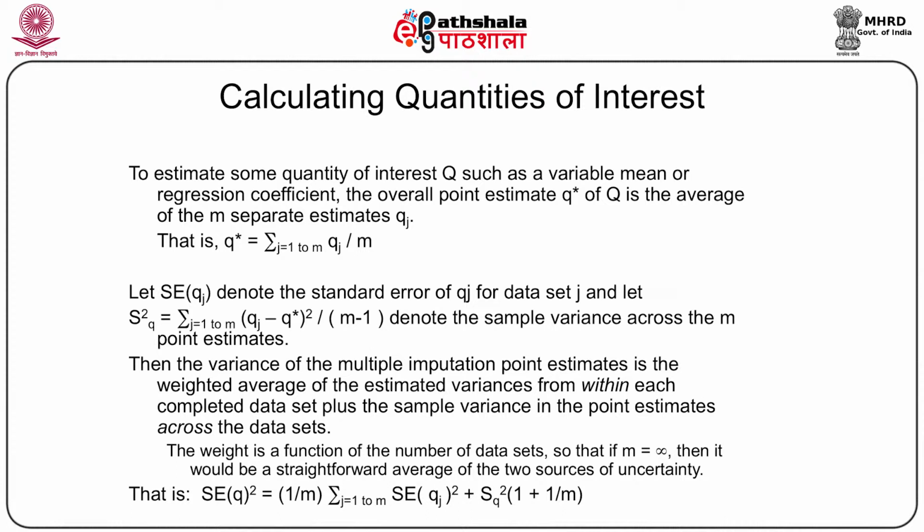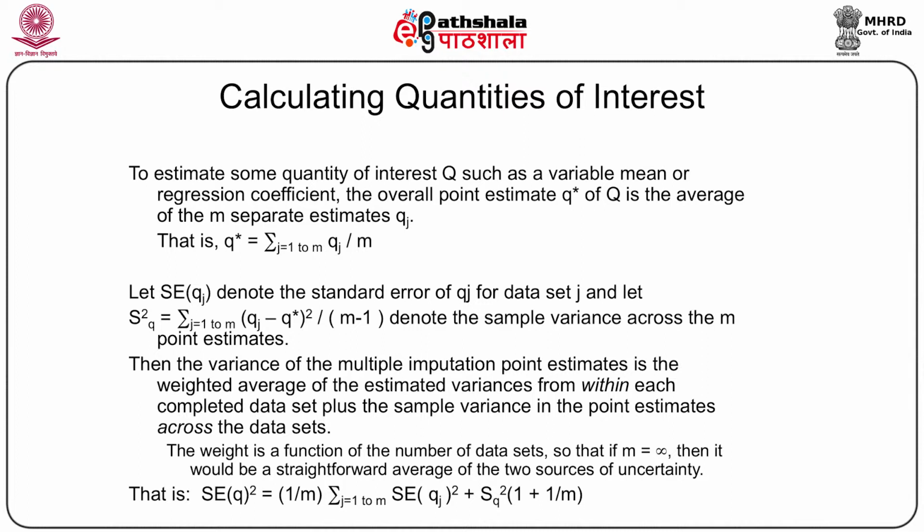To estimate some quantity of interest, say q, such as the variable mean or regression coefficient, the overall point estimate q star of q is the average of the m separate estimates q sub j. That is, q star is the sum of q sub j over m, with j from 1 to m.